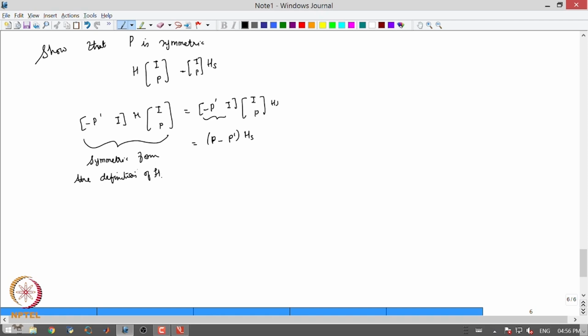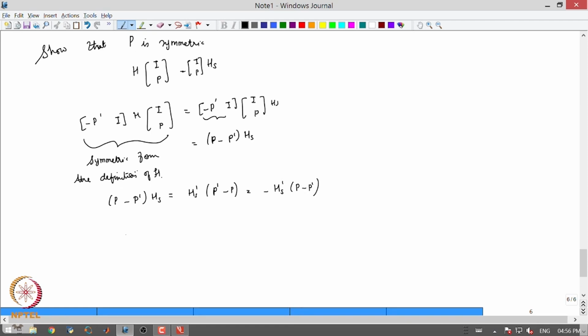If the left hand side is symmetric, the right hand side should also be symmetric, which means P minus P transpose Hs is Hs transpose P transpose minus P. This is also equal to minus Hs transpose P minus P transpose.